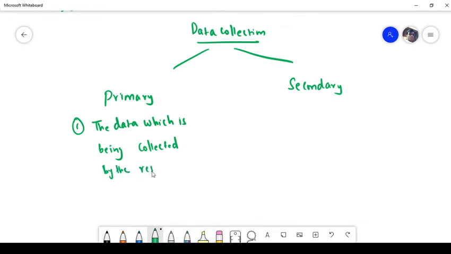Secondary data is the data which is readily available.